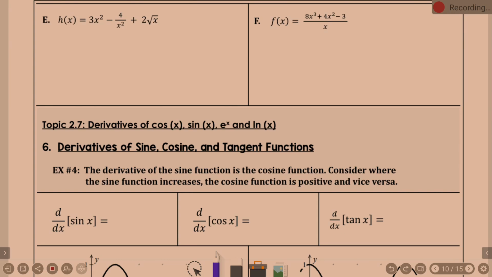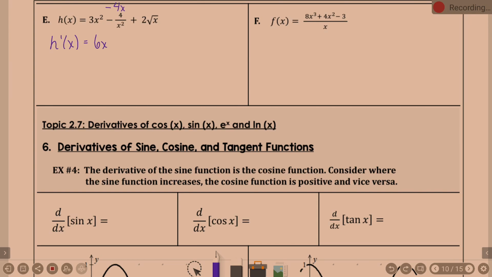H of x is defined. H prime of x. Derivative of 3x squared is 6x. What I probably should have thought about: what is 4 over x squared before we take the derivative?